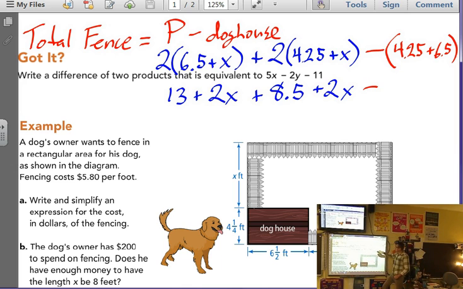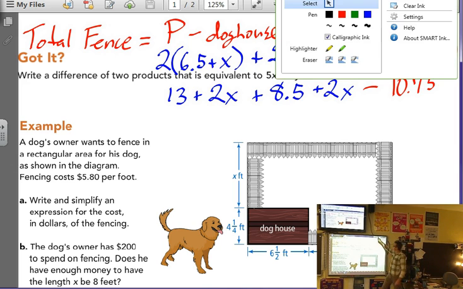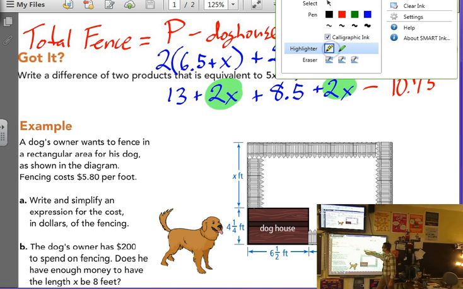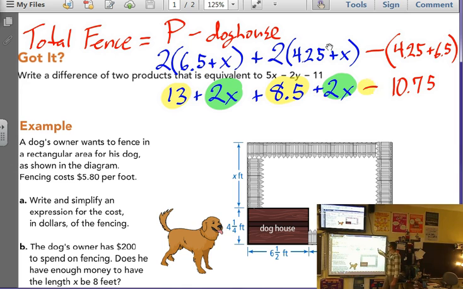Then minus, oh, can I combine these? Yeah, so we do. Minus 10.75. Group like terms. My x's work together. My constants can work together. Make sure the sign in front of the term goes with the term. So we get 2x plus 13 plus 8.5 gives me 21.5.